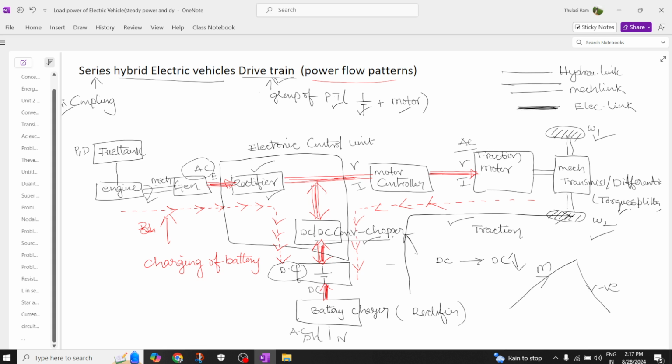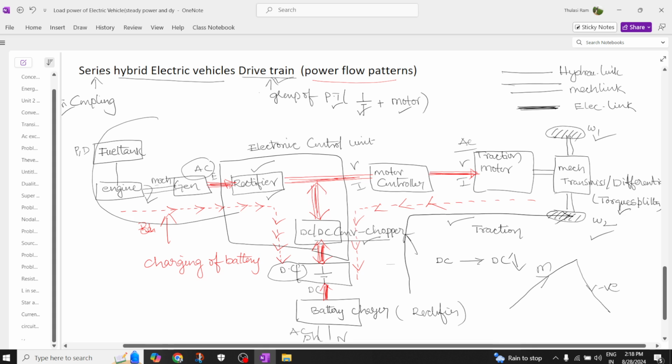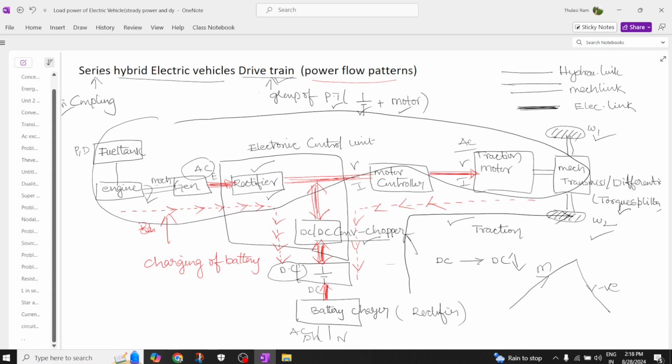So now you understand. The fuel tank, engine, generator, rectifier and motor, this completely acts as powertrain 1. This below one will act as powertrain 2. That's how this powertrain is very important.